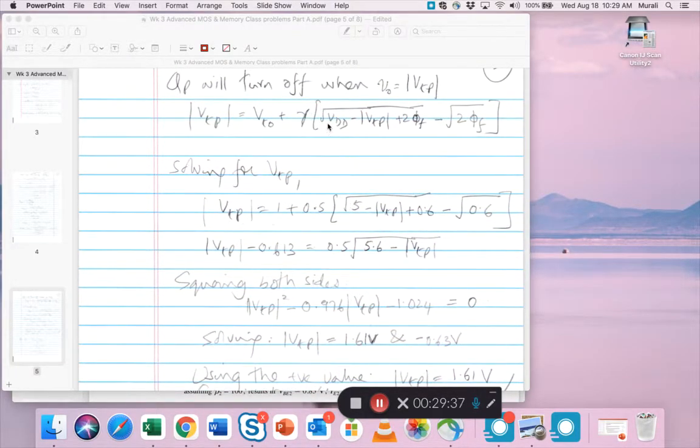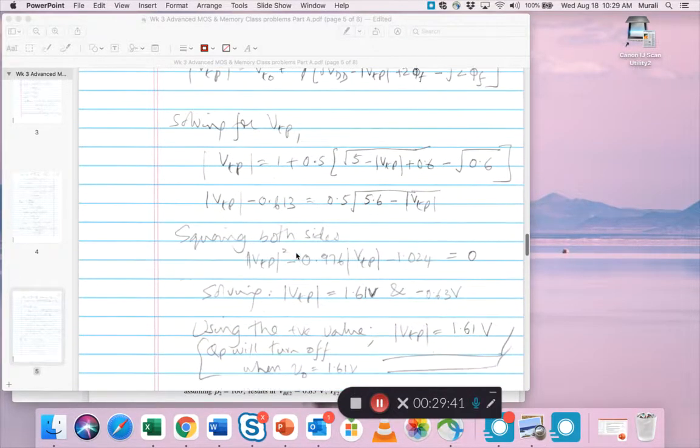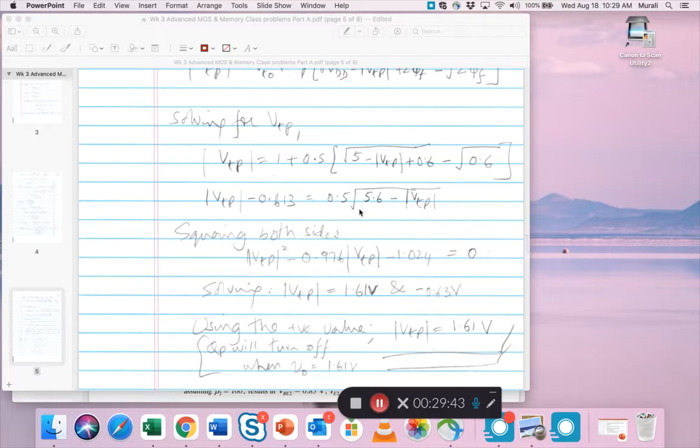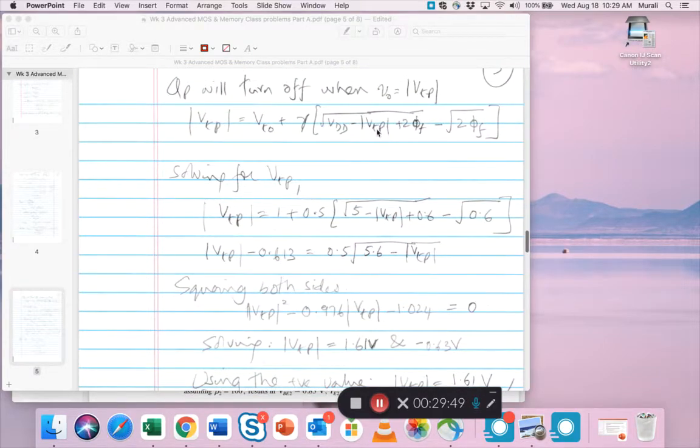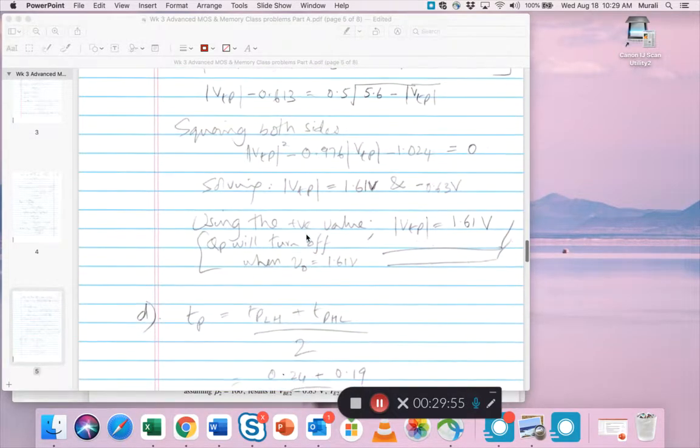All the rest of it is given, and so you come up with VTP as, unfortunately, another square function, right? Because of the square property here. So you have to do the squaring, solving the quadratic equation. You get a positive value and a negative value, and finally you get a value for VTP as 1.61 volts.